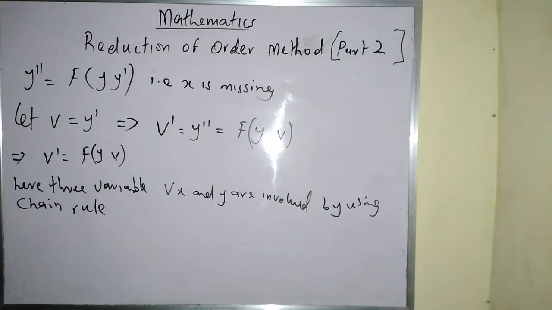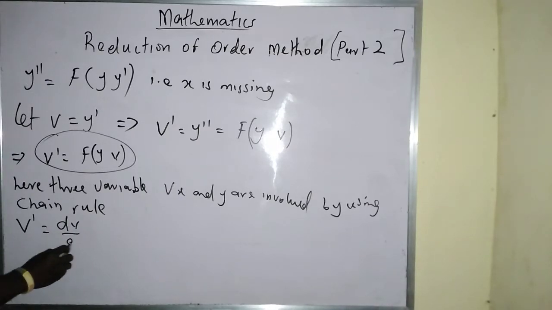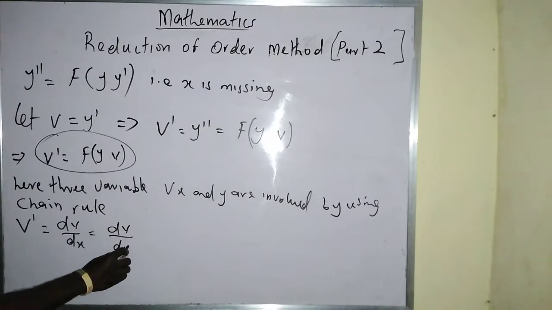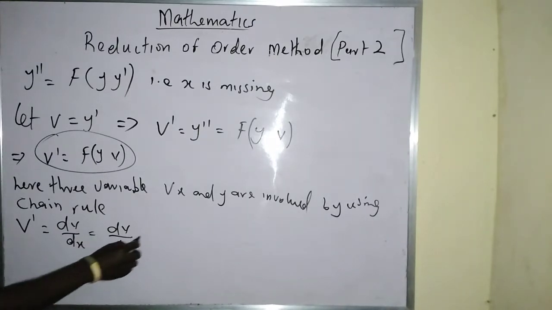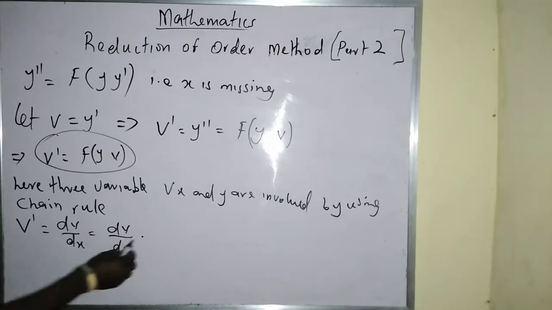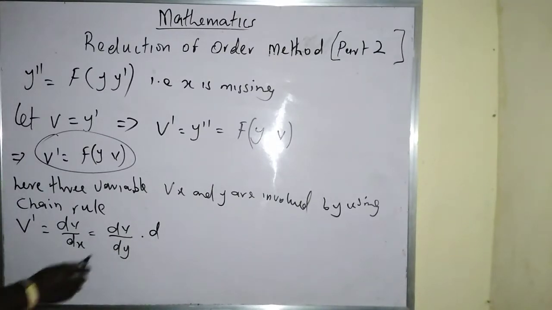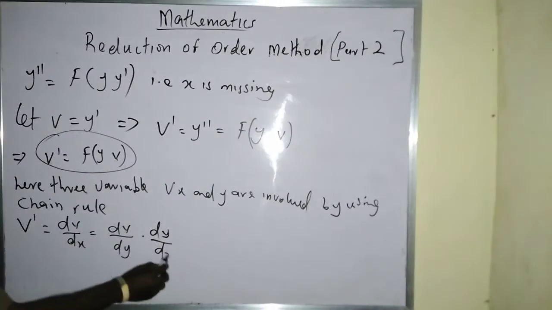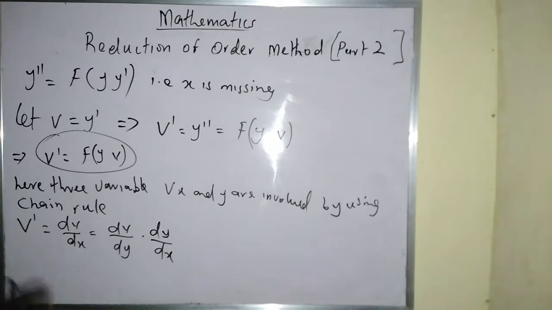Now, if I want to use my chain rule with this type of problem here, how will I achieve that? Now, if my v prime will be equal to dv over dx, which can also be equal to dv over dy times dy over dx.